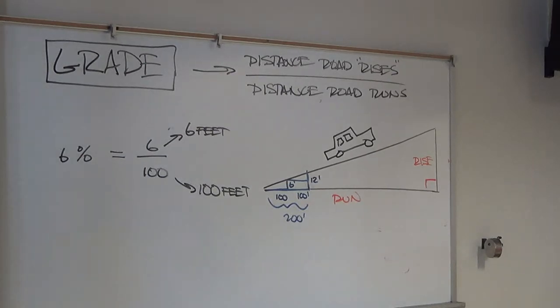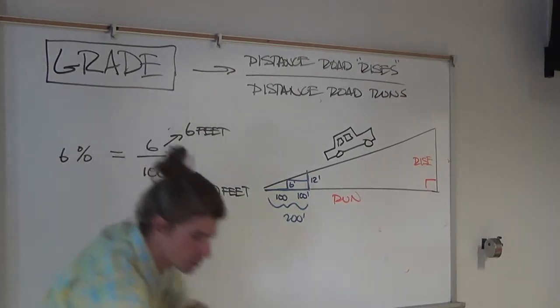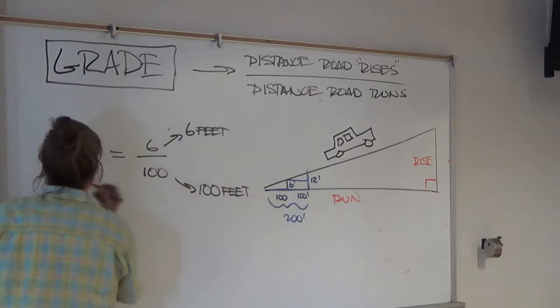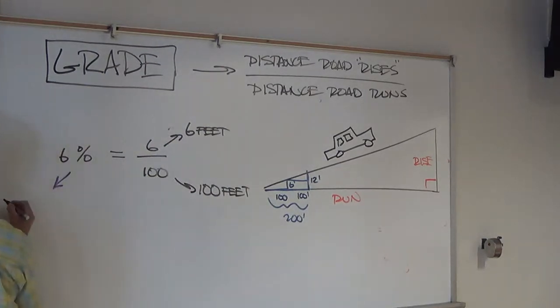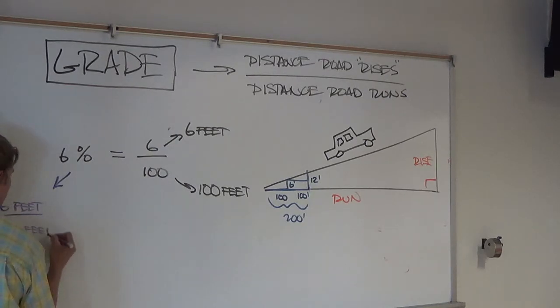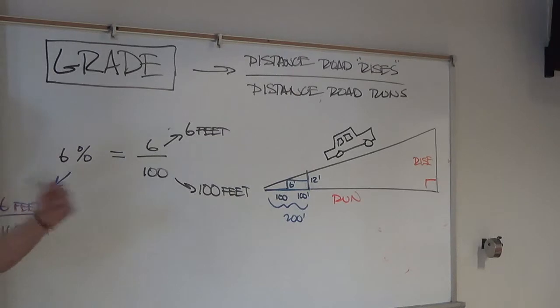Now the reason for that is simple. It is a mathematical reason. If you said this was, let's use a purple left, 6%. If you said it was 6 feet over 100 feet, your practice in mathematics tells you when you have the same thing in numerator and denominator, things can cancel.